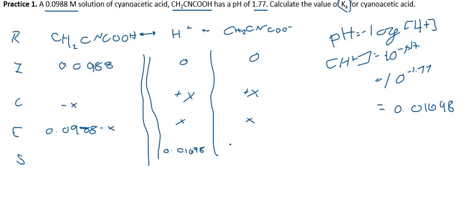All right. So I can plug this into my RICE table. And like I said, at this point, it is not inconvenient to solve for this expression. I don't have to use a quadratic. So I'm just going to do it. I'm going to subtract X from my initial concentration.